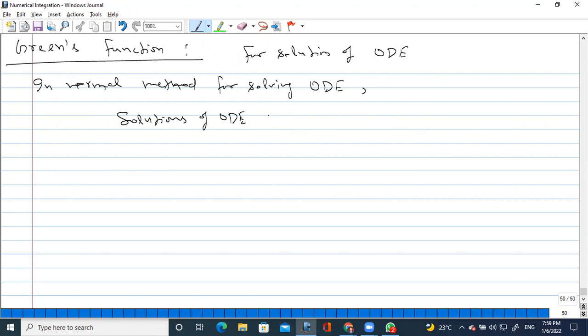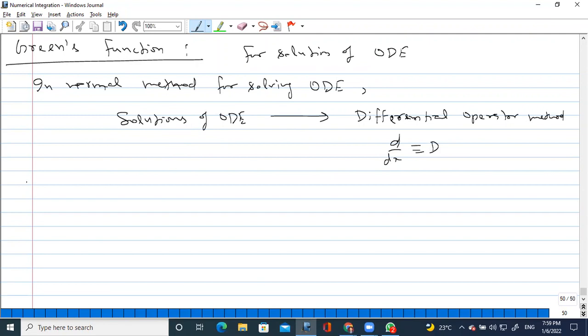Solutions of ODE we solve by differential operator methods. This is the method. There we take d by dx equal to capital D.